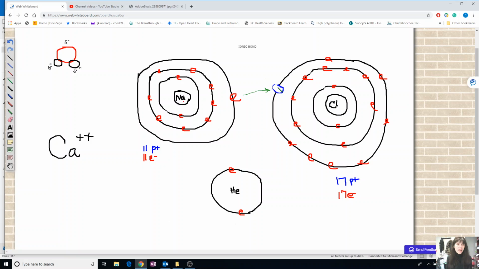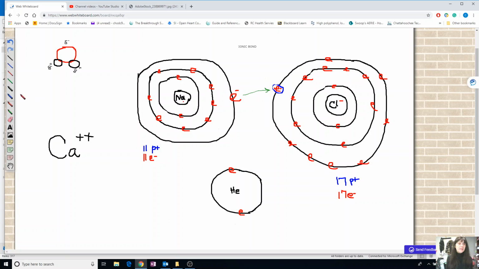And that's actually what happens. This negative electron is going to vacate the valence shell of sodium to fill the valence shell of chlorine. Now, because electrons are negative, if we take negativity and put it over on chlorine, that means that chlorine is going to have a net negative charge of 1 because it gained 1 negative electron.